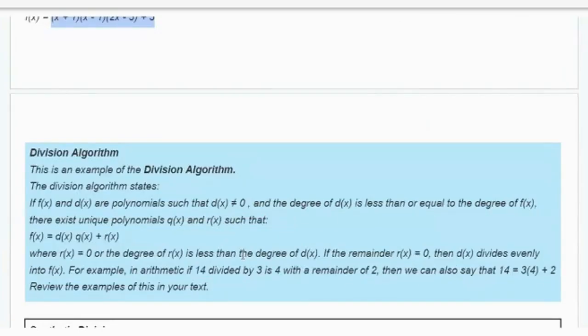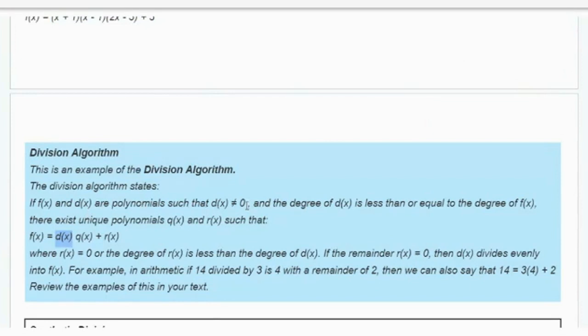So that's an example of a division algorithm. That means we're just dividing. It says the division algorithm states that if f of x, which is the function, and d of x are polynomials, where d is the divisor. This is a very mathy term, so hang with me. If f of x and d of x are polynomials such that d of x is not equal to 0, right?